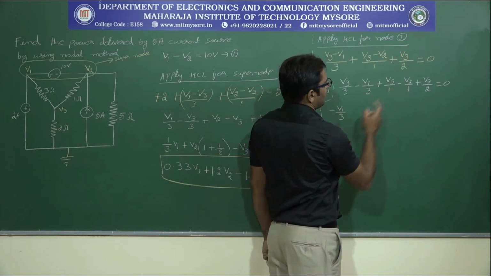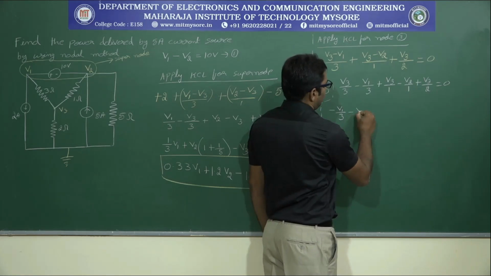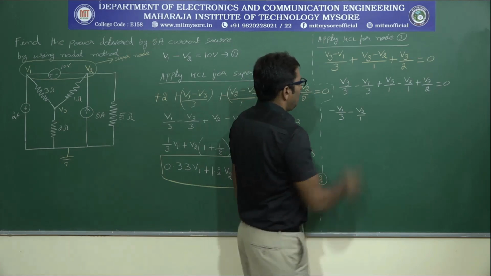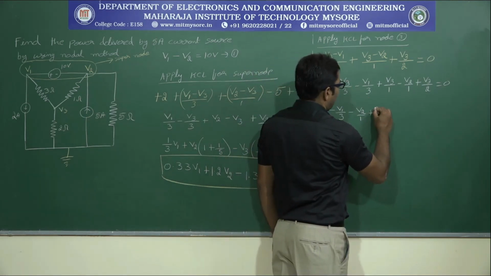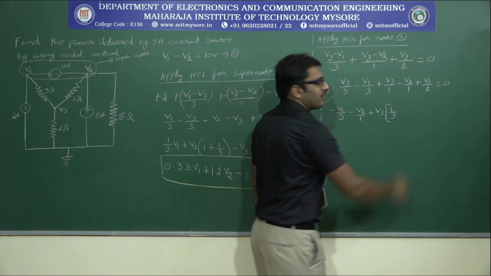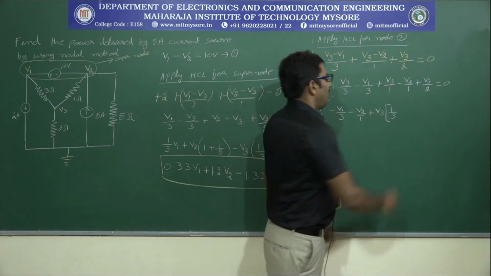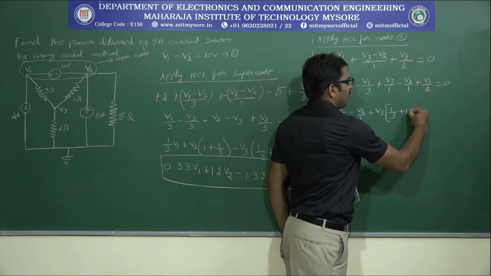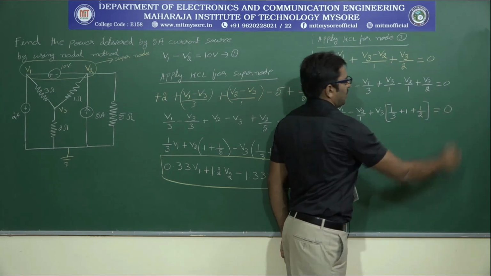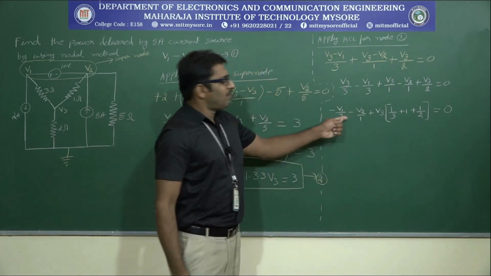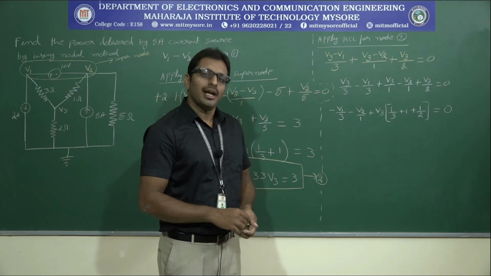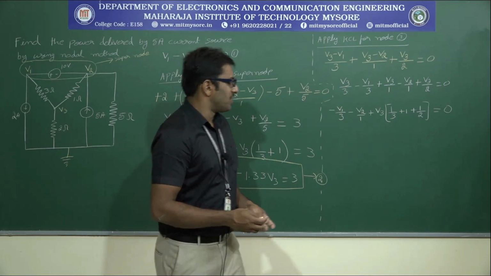Next minus V2 by 1, as it is. Next V3 common factor, so plus V3 into 1 by 3, plus 1 by 1, that is 1, plus 1 by 2. That is equal to 0. Just simplify using your calculator and write the simplified equation.